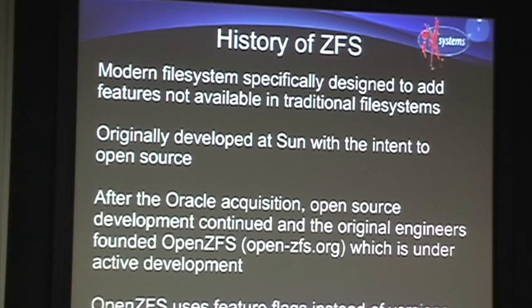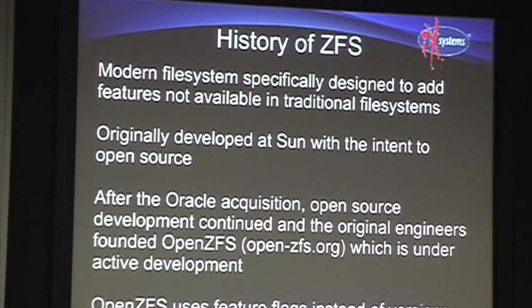So if we just take a very quick history of ZFS. This was a modern file system that was specifically designed to add features not available in traditional file systems. And it was specifically designed to work with modern hardware and to be scalable as hardware continues to scale. As you probably heard, it was originally developed at Sun with the intent to open source. Things got a little funky during the Oracle acquisition.